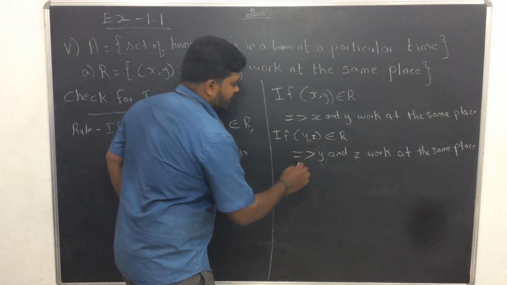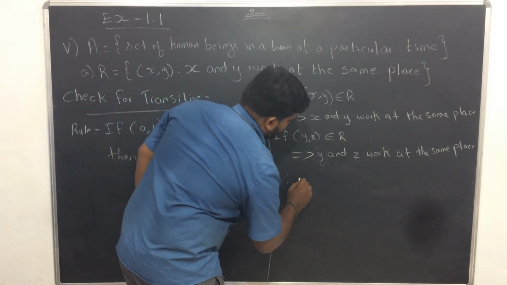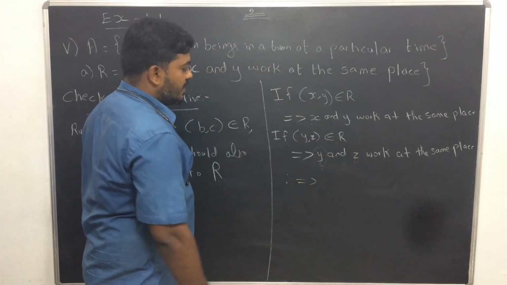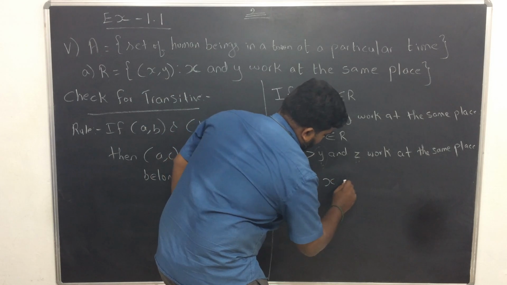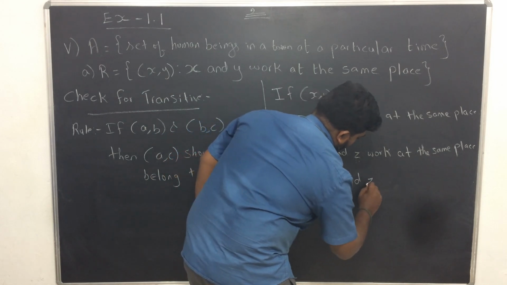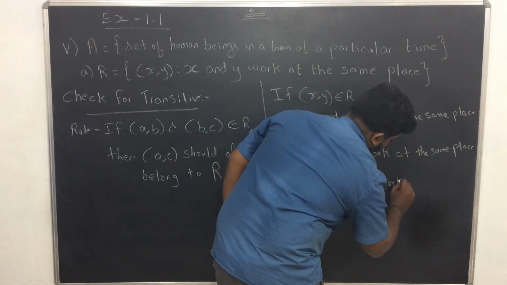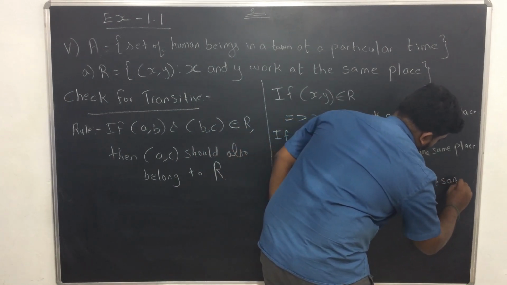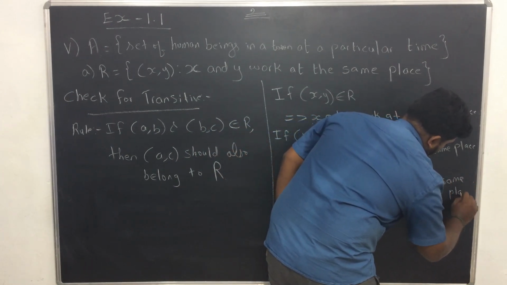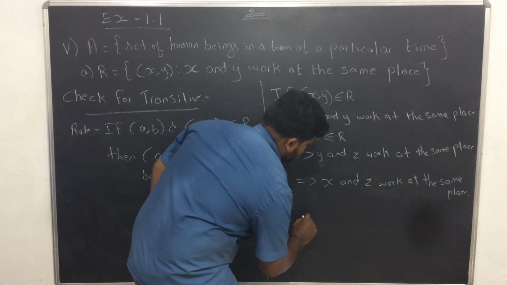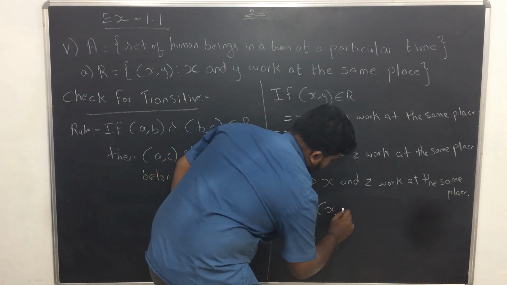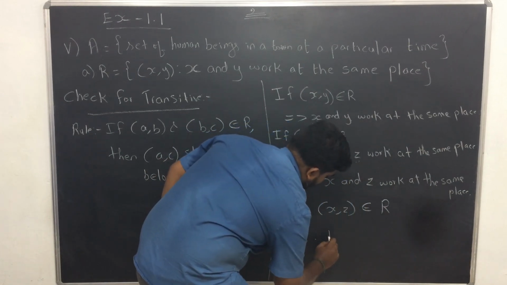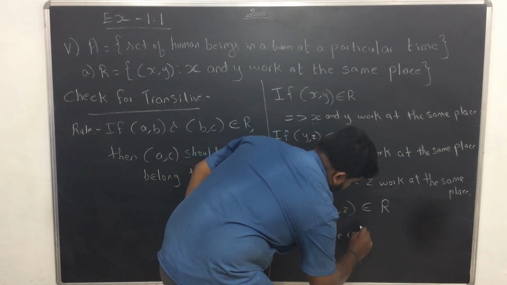Therefore, x and z work at the same place. Therefore, (x, z) belongs to the relation. Therefore, the relation is transitive.